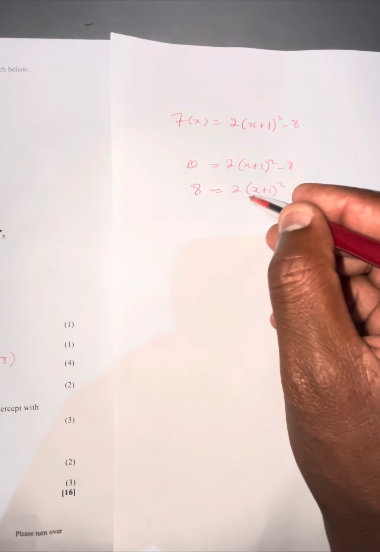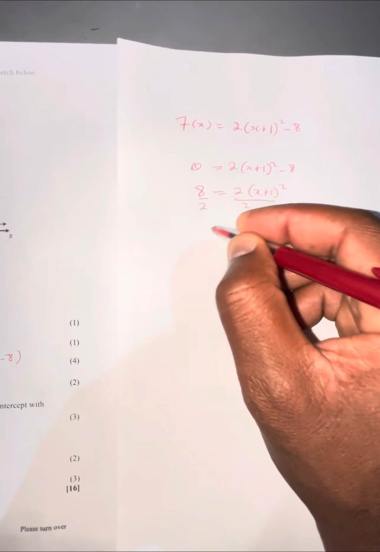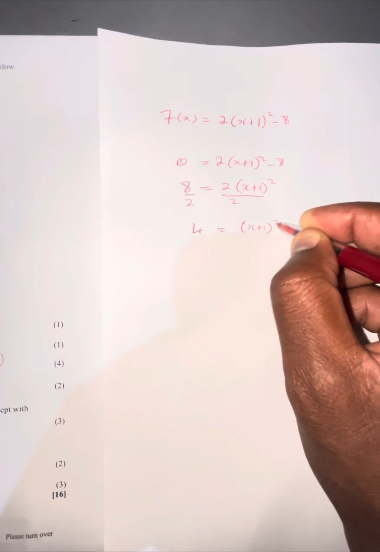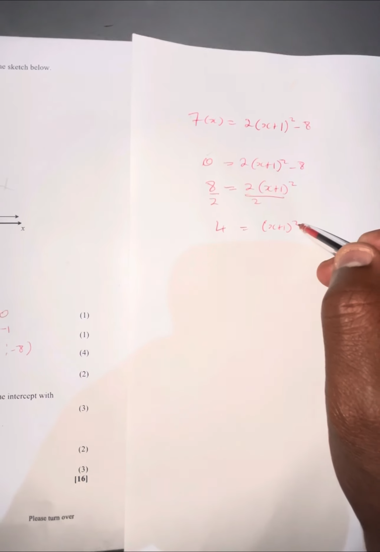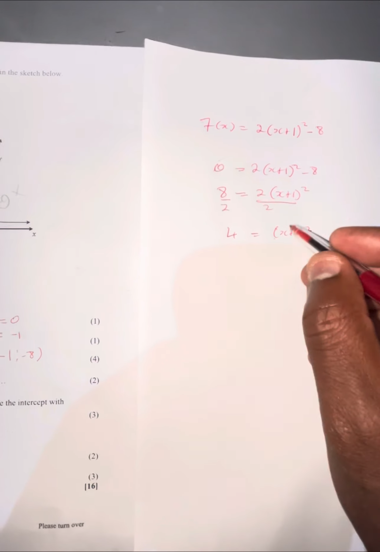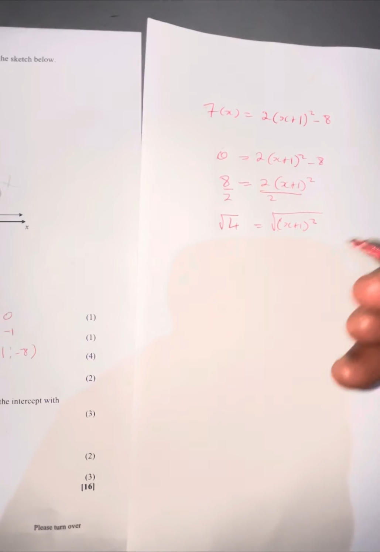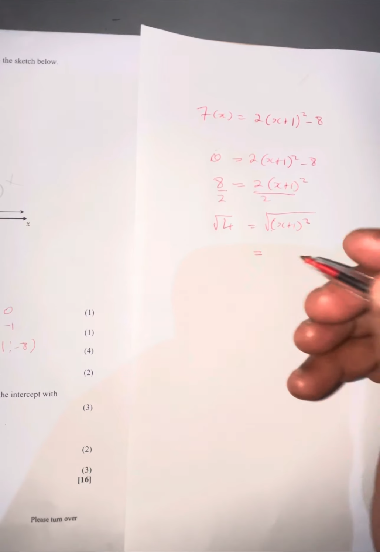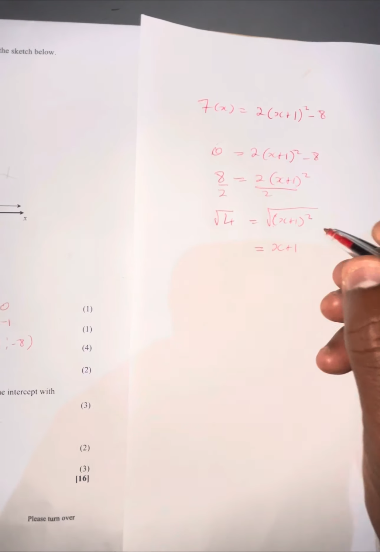And then now you can divide both sides by 2, and that remains 4 equals (x plus 1) squared. Now you can take the square root of both sides, because we want to solve for x. So this will be the square root of 4, and this will be x plus 1.